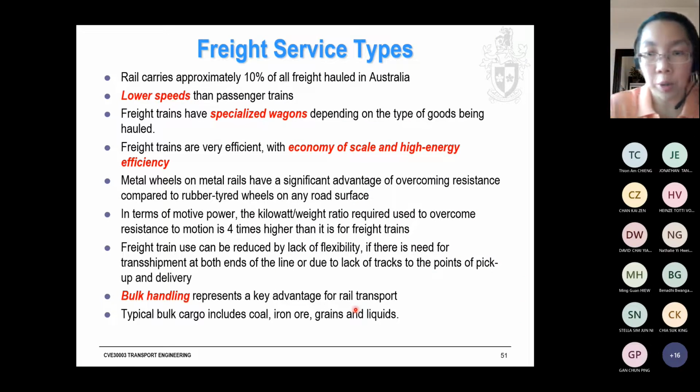Okay, then we move into freight services just a little bit, very quickly. Rail carries approximately 10% of all the freight or goods hauled in Australia, and this typically has lower speeds compared to passenger trains. For freight services, they have to have very specialized wagons because it depends on the type of goods being hauled.